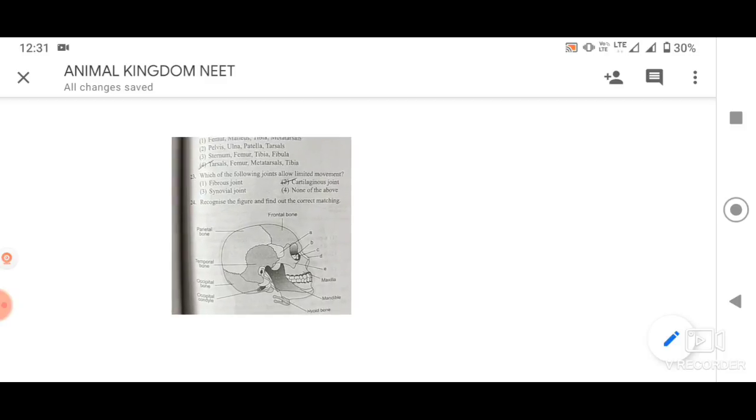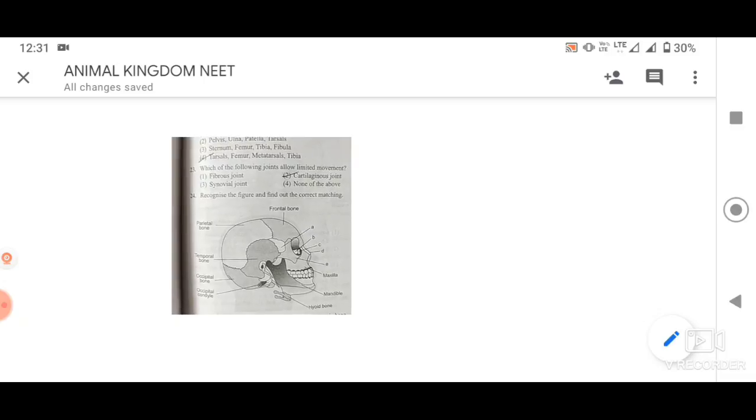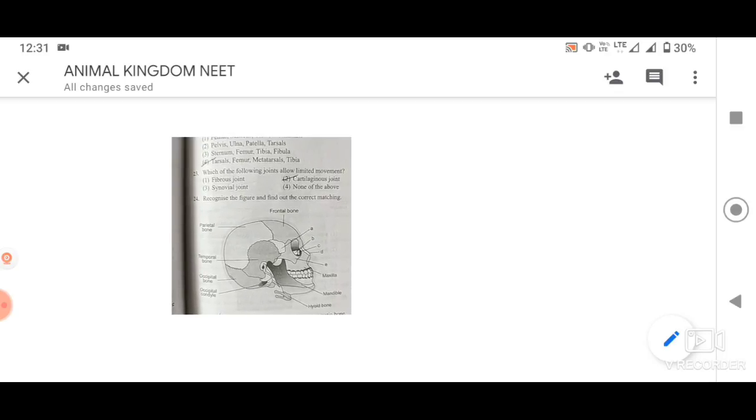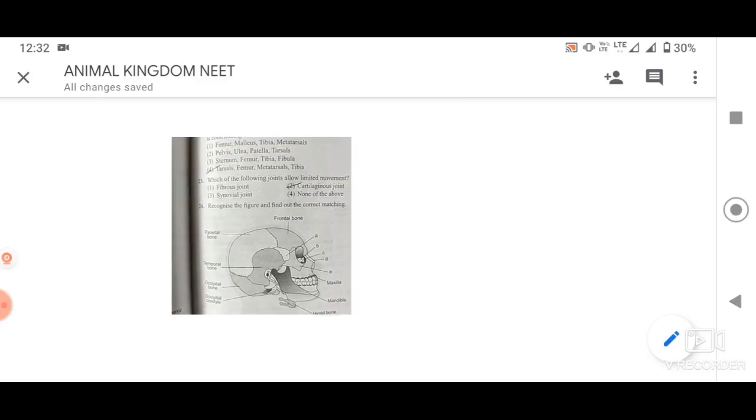Dear students, here please look at the question number 24 picture. There is a picture where many bones have been represented of skull and the facial bones. We know that the bones of the skull have the cranium and the facial bones.